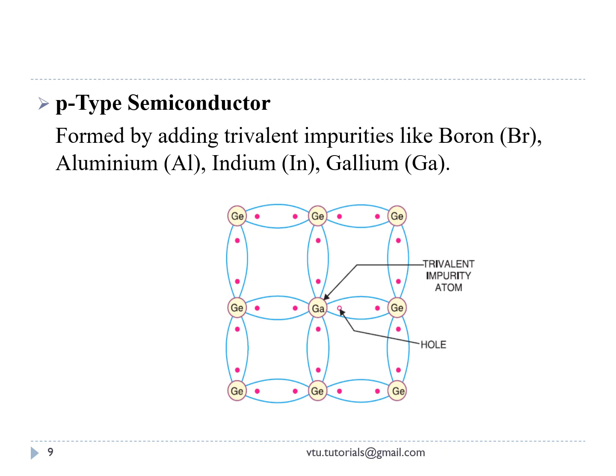The second type of semiconductor is a p-type semiconductor. This semiconductor is obtained by adding a trivalent impurity like boron, aluminum, indium and gallium into the pure semiconductor.